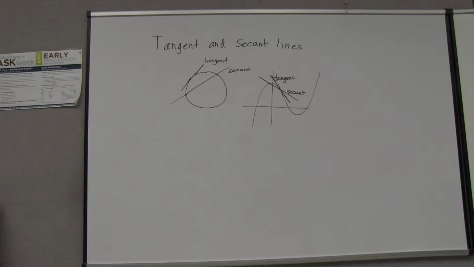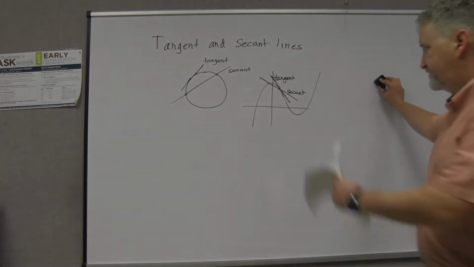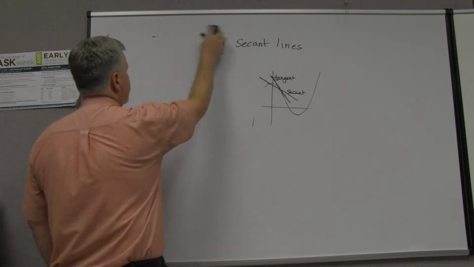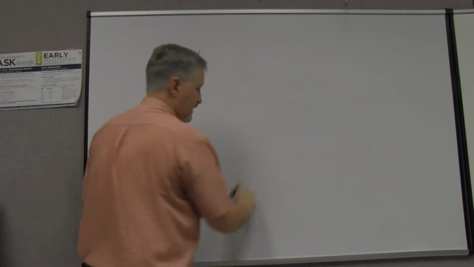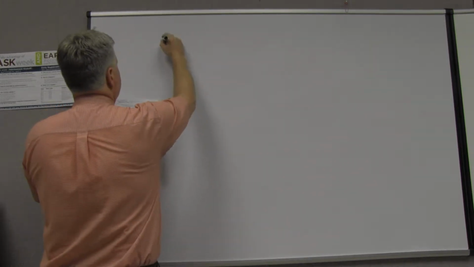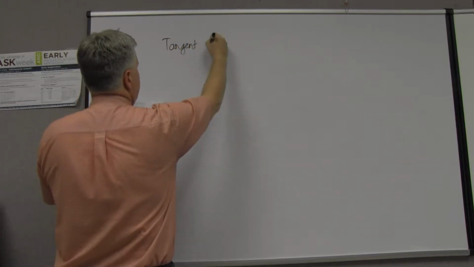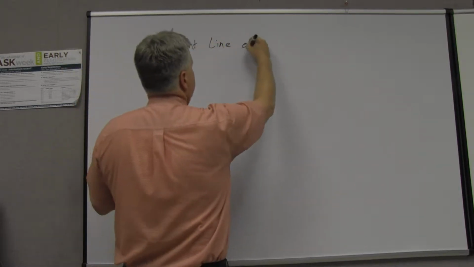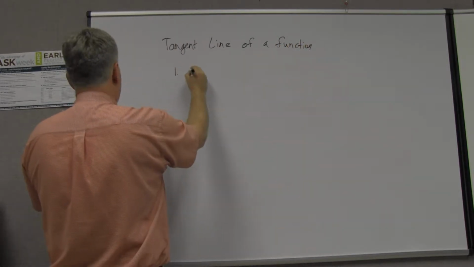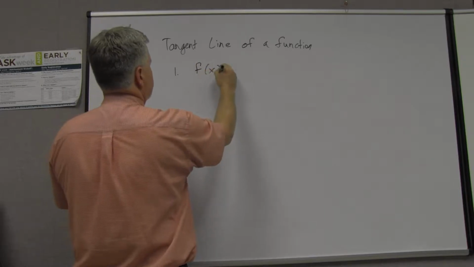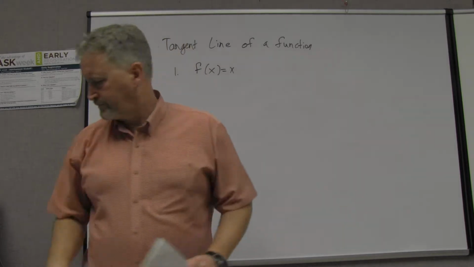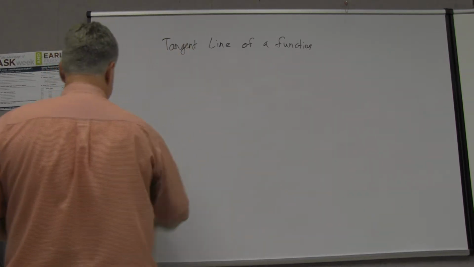All right? Okay. Well, with that in mind, let's take a look at the tangent line of a function, kind of what we're alluding to here. I've got the handout there for you. This is the tangent line of a function handout. So number one, we've got the graph of f of x equals x squared plus 2.